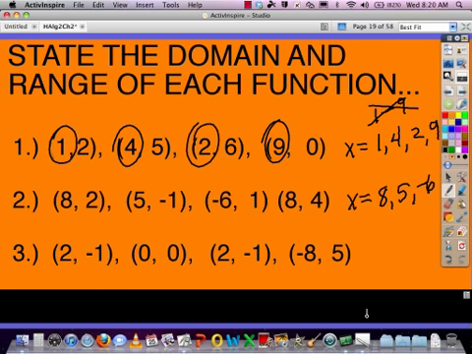And one last set there, (2, -1), (0, 0), (2, -1), (-8, 5). Some people say, how can you have that number twice? You do it like this. When you're drawing, is there any time in a drawing that you go back to one of your points that you've already drawn, referenced?